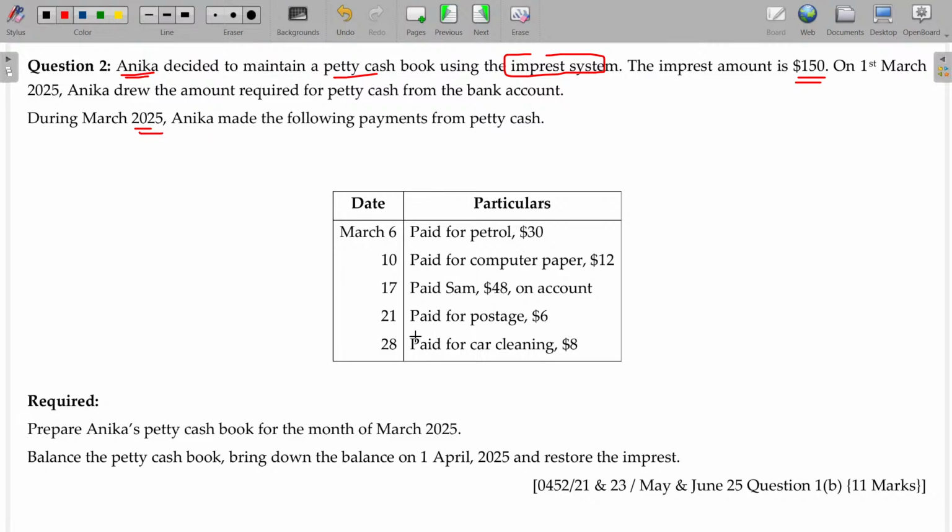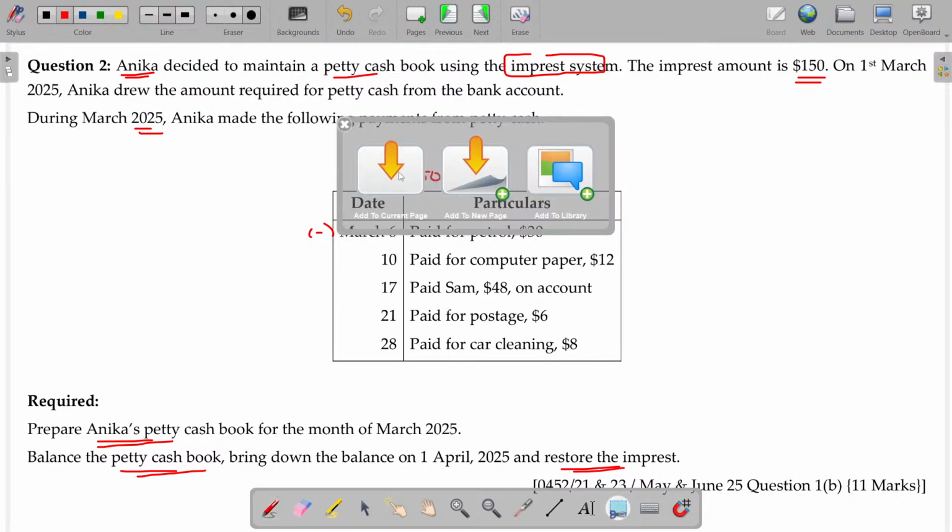So these are the payments. The initial value being $150. And these are the payments you are incurring. Now you have to prepare Anika's petty cash book, balance the petty cash book, bring down the balance and restore the imprest. These are the things you have to prepare.